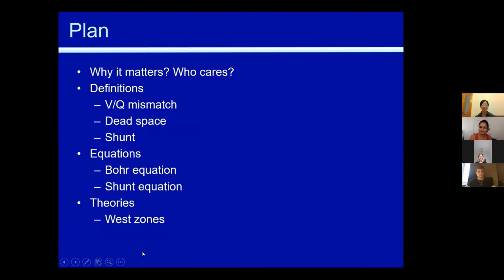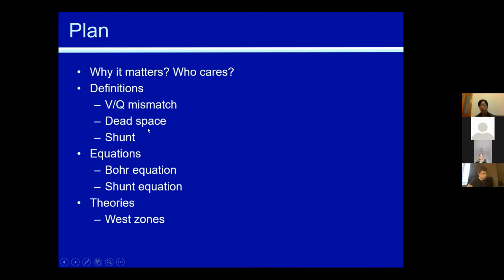So here's the plan of my presentation. I'm going to spend a couple of minutes to try and explain why VQ mismatch matters, why shunt matters, why dead space matters, because what I find about respiratory physiology is that it's just this long list of concepts in West physiology or in your anaesthetic textbook, and I try to put it in a little context to make it seem important.